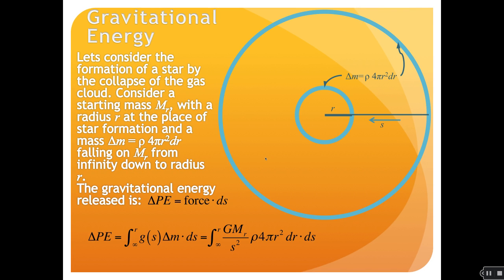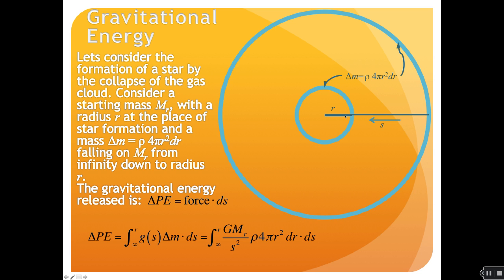Now let's consider what happens when you have a star collapsing. So consider it being a big concentric shell of material, and you've got this material here, and it has a mass delta m that's given by its density and its surface area times its thickness. And that's the thing that's collapsing. It's collapsing from some distance s down to the radius r. Okay? This whole thing, the whole cloud, is a mass.